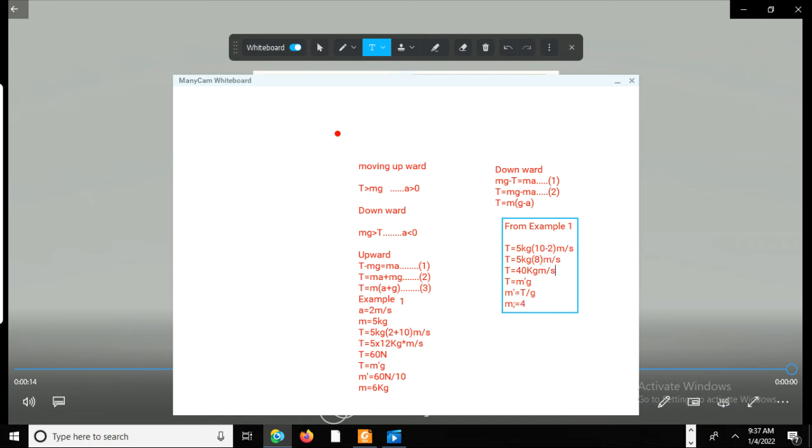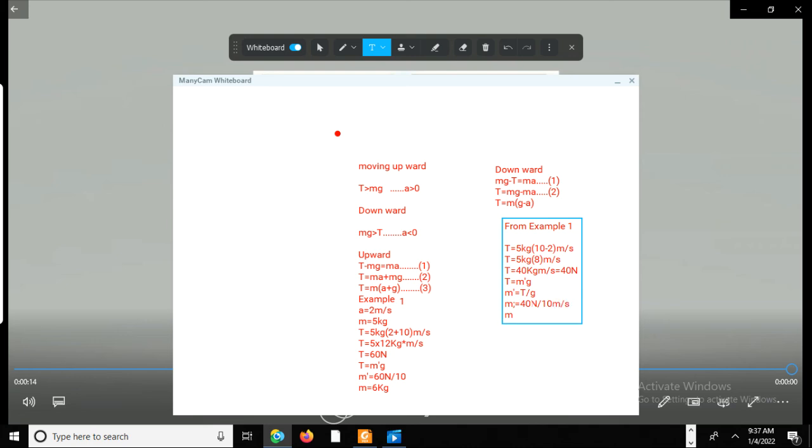Okay, this is equivalent to 40 Newton divided by g, 10 meter per second squared.